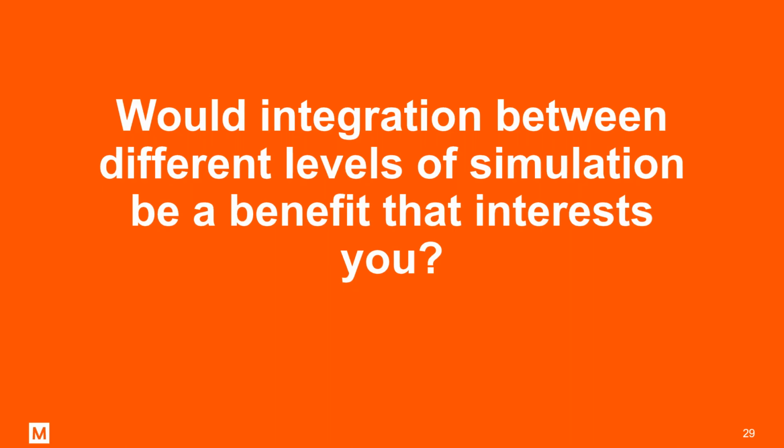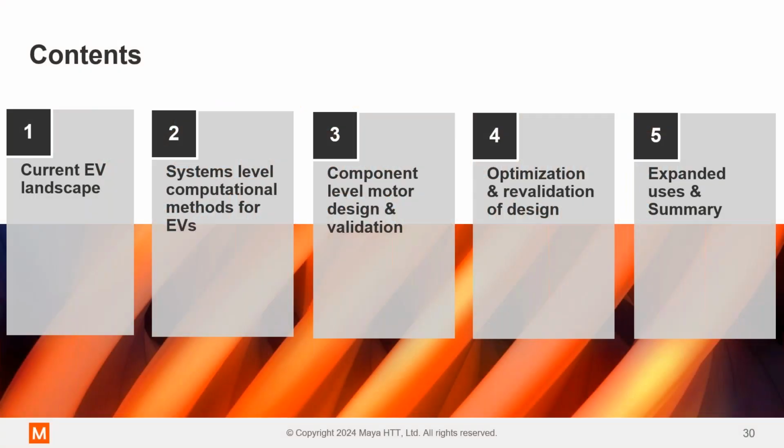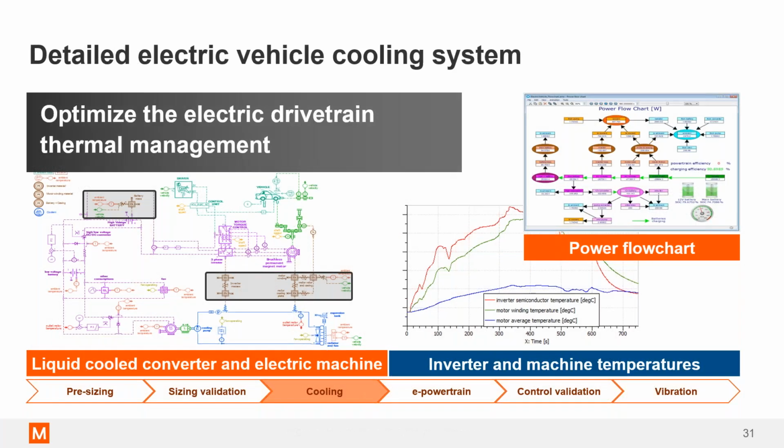Now, as we get through all of this, I just wanted to talk briefly about some expanded uses, and I'm going to try and concentrate here on the system level tool, AimSim, and where we can expand its uses into other domains around electric vehicle design, and tying it into potentially other physics domains.